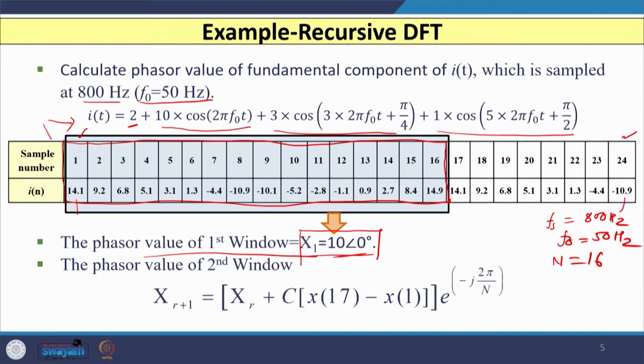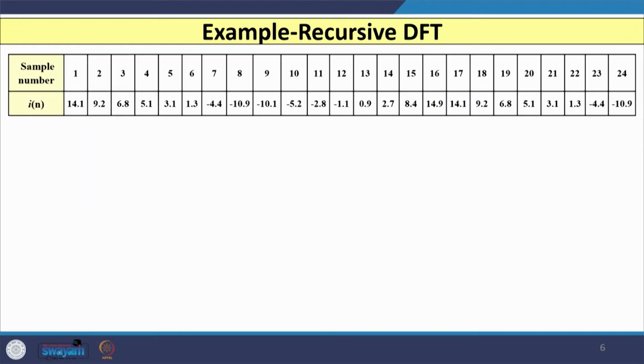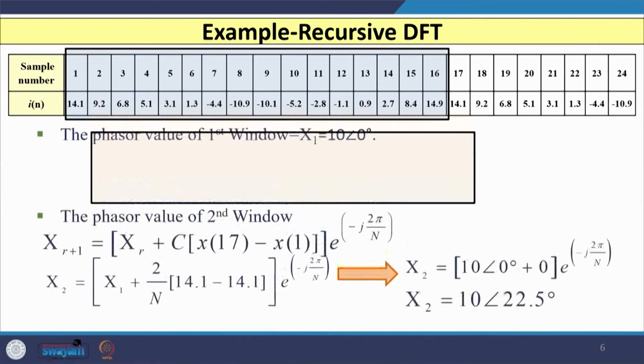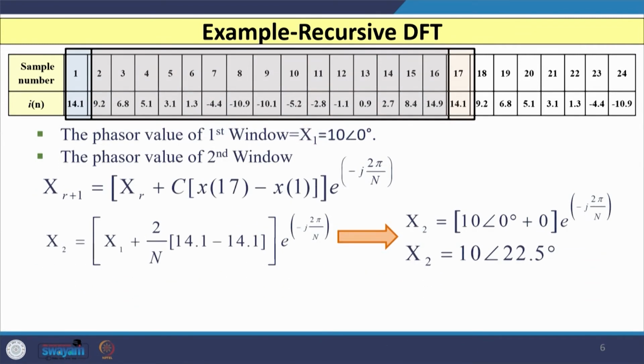Now, when you move to the next window, that is the second window, let us say the second window is from 2 to 17. So, your first window is from 1 to 16 samples, and your second window is from 2 to 17 samples.